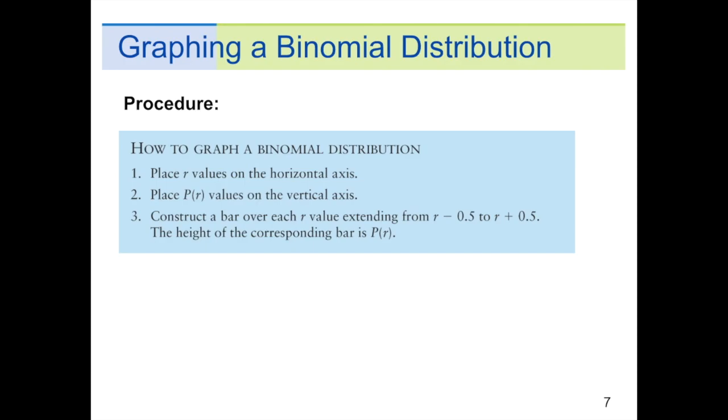Again, remember back from histograms, we do that to show the range, so we're not just cutting off right at the whole number and getting confused where that lies. There isn't actually any values between the whole numbers. We just draw the histograms like that, so there's no confusion. The height of the corresponding bar is P of R, the probability.